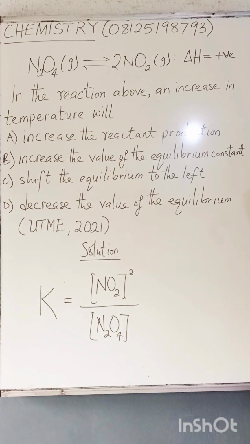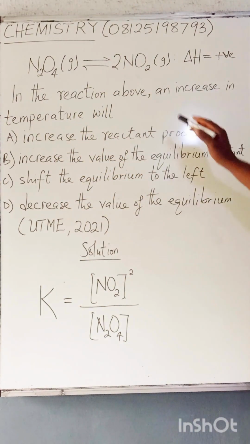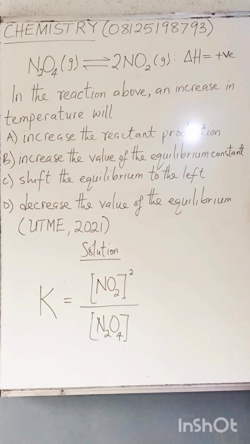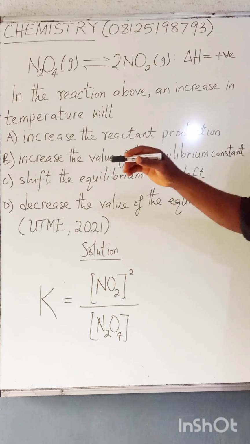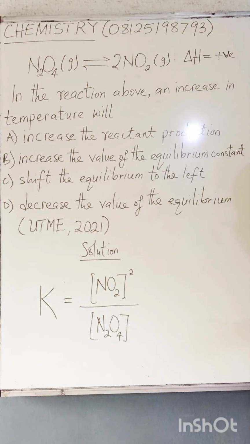And the problem goes this way. In the reaction above, an increase in temperature, what will an increase in temperature do? Some options are given here, and you are expected to select the right option. If the forward reaction is endothermic, that means it likes heat.